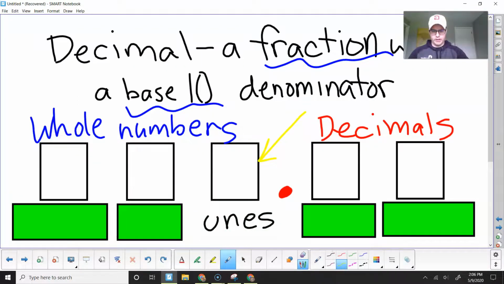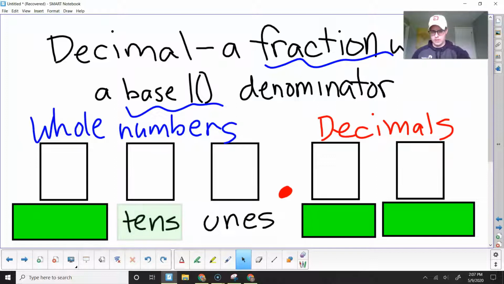All right, once you move over, now you're at the tens place. So if you have 9 ones and you add 1, you have 1 ten and 0 ones. 10, right? You guys know that. This is all review from whenever you were little.